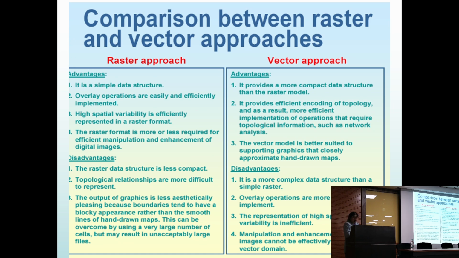Whenever anyone asks what is the difference between raster and vector, the first difference is that raster is for continuous representation, like terrain, or air. Suppose you have to display air quality index, it is represented in the form of a surface in raster form, but vector representation is always discrete.